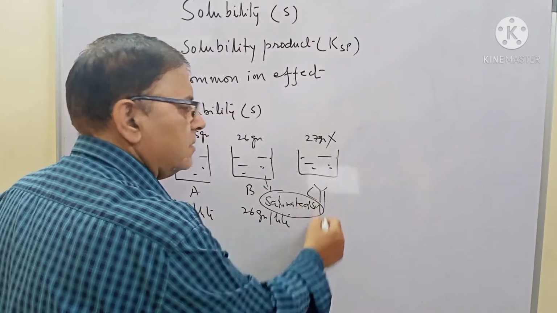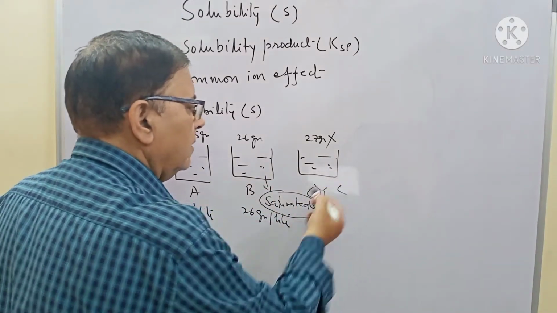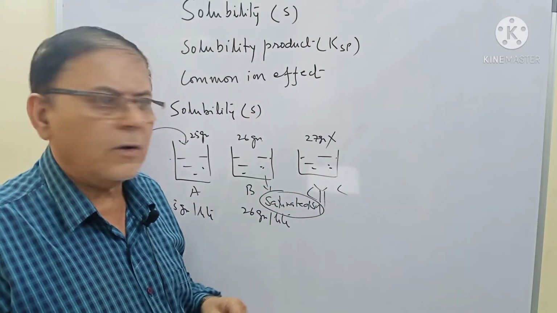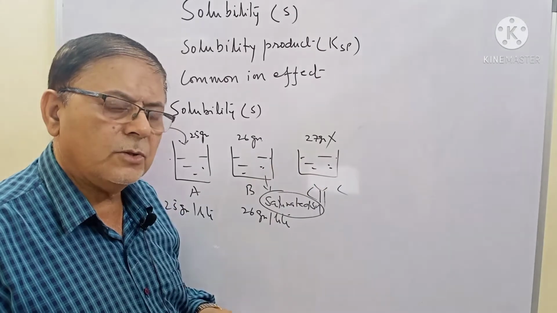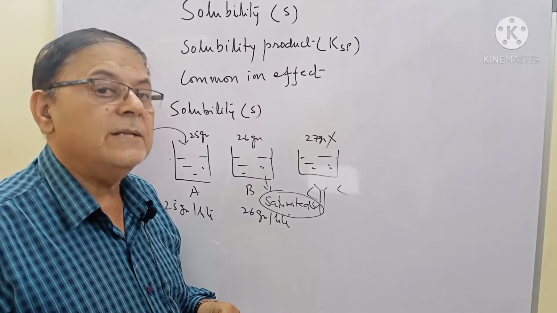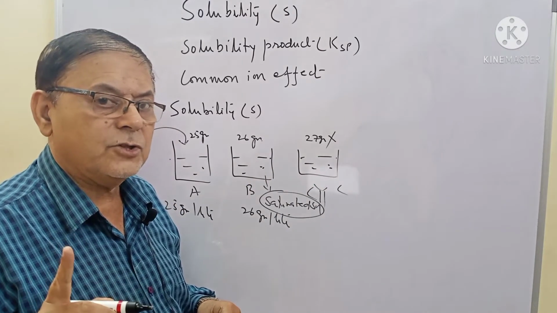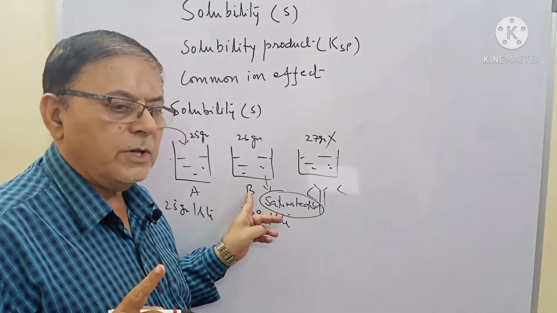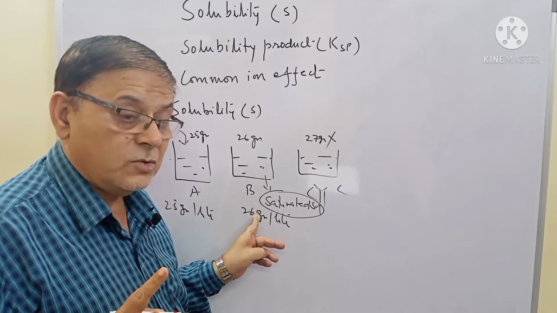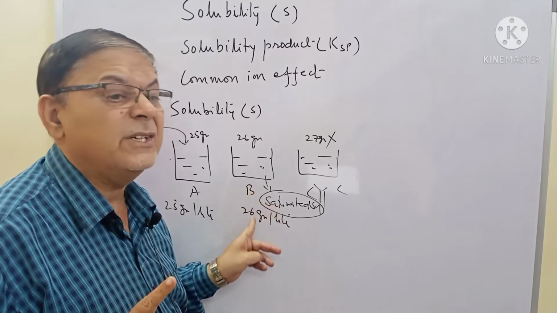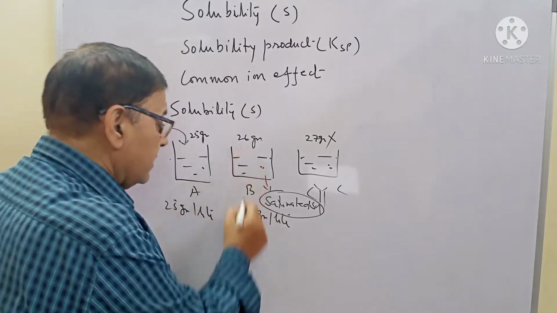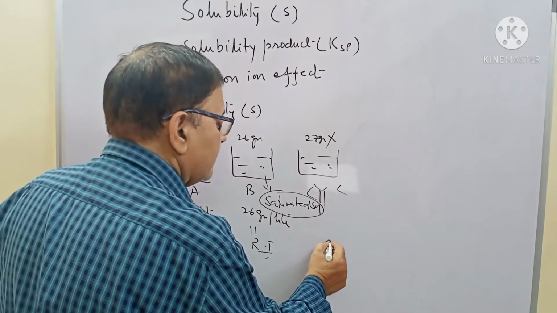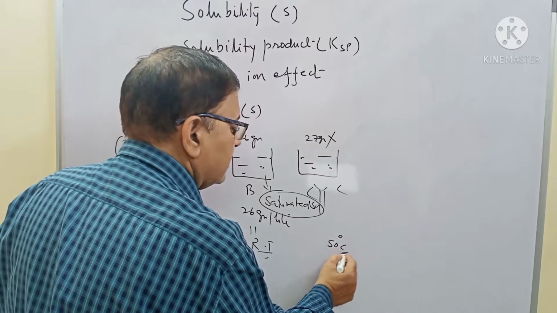He starts heating flask C, and 27 grams also gets dissolved. So he'll say, see here, this is the saturated solution of 27 grams. So I'll correct my definition: solubility of a substance is the concentration of a substance in its saturated solution at a given temperature. This 26 grams is at room temperature and 27 grams is, say, about 50 degrees centigrade.